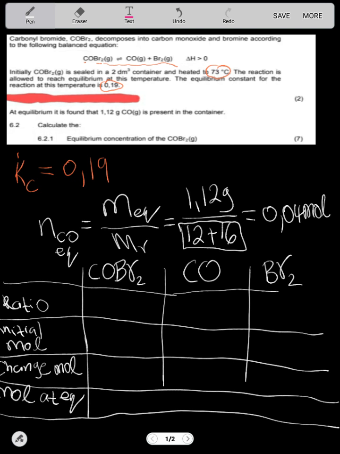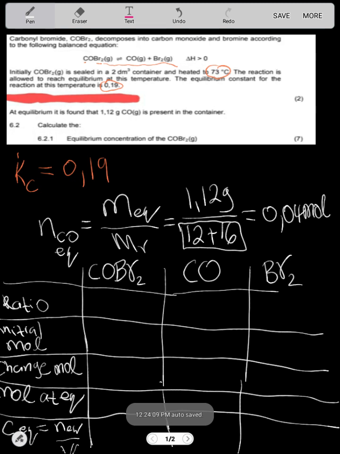The last one will be our concentration at equilibrium, which is equal to the number of moles at equilibrium over volume. So that is easy to deal with, this one. Let's get to it quickly.